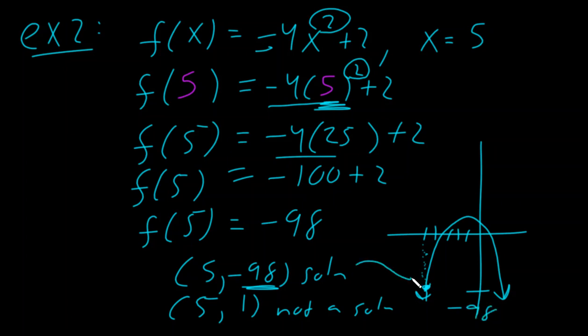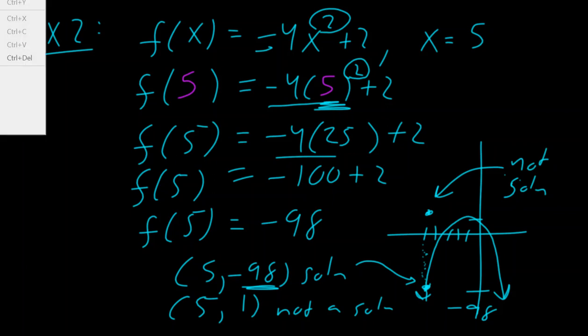And so, hey, there is our solution. But if I said, hey, if we went to the left 5 and up 1, here would be that point, and we know that this one is not a solution. Alright, once again, pause the video here. Let's move on to our next example.